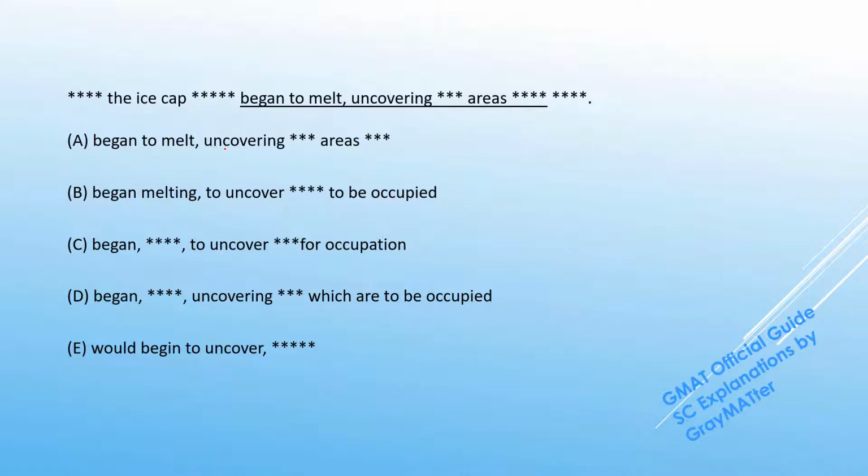choices as well. So in A, we have uncovering certain areas that were to be occupied. Now this uncovering is put after the comma, and this is the present participle modifier form. So how does the present participle modifier form work at the end of the clause? Well, it serves to modify the entire clause in front of it, right?